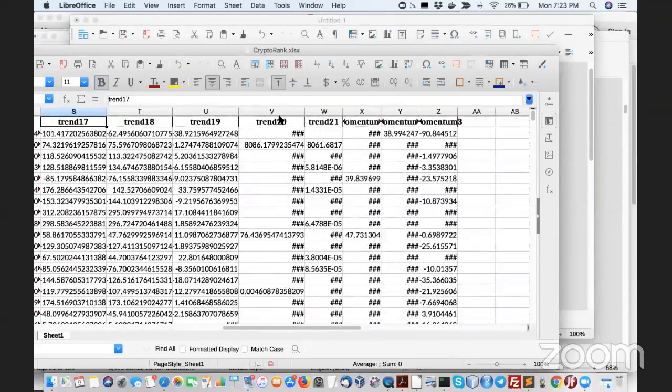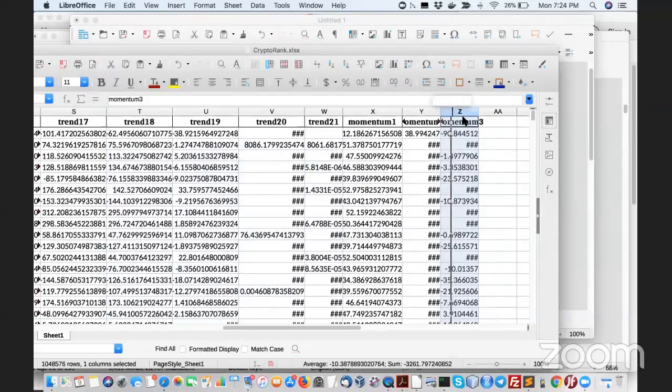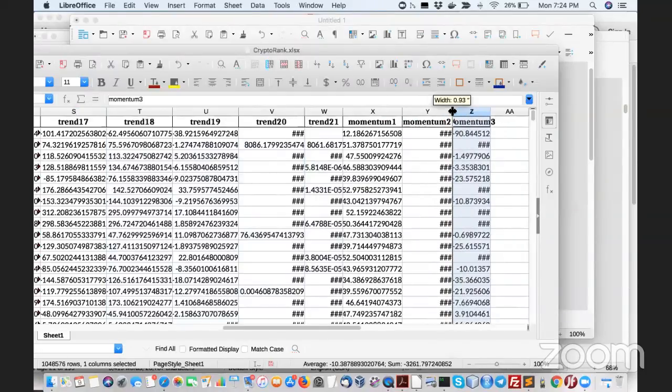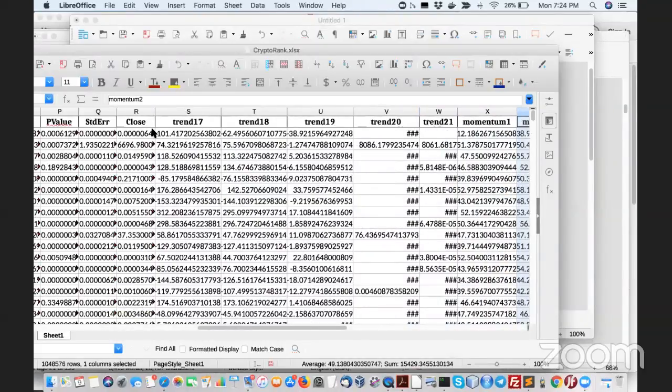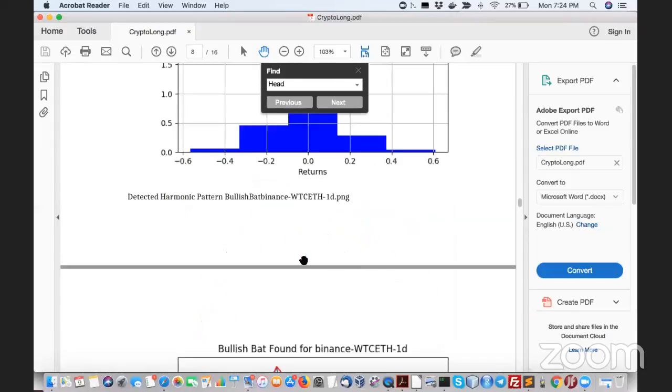Okay. And so there are 3 different ones that are calculated using that Python package. And actually there's 1, 2, 5. And then there's 3 different ones for momentum. So you can interpret those as you see fit, because each column will be different, but I don't put a lot of emphasis on it, except when I'm calculating the different pairs that show up on this report here.